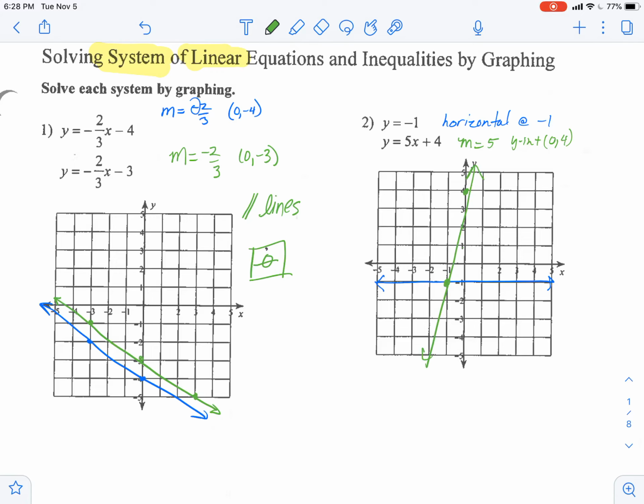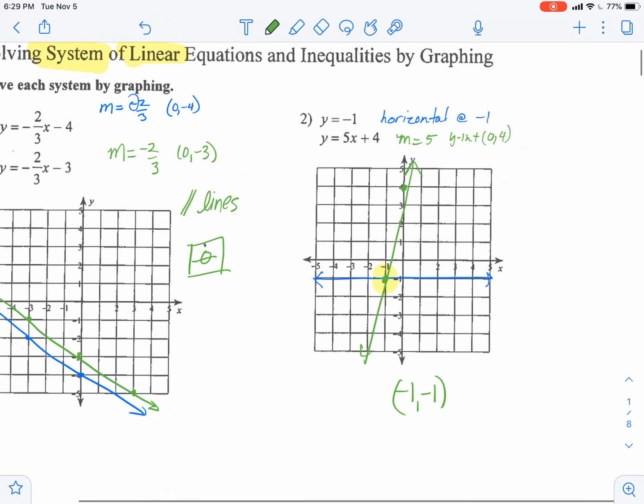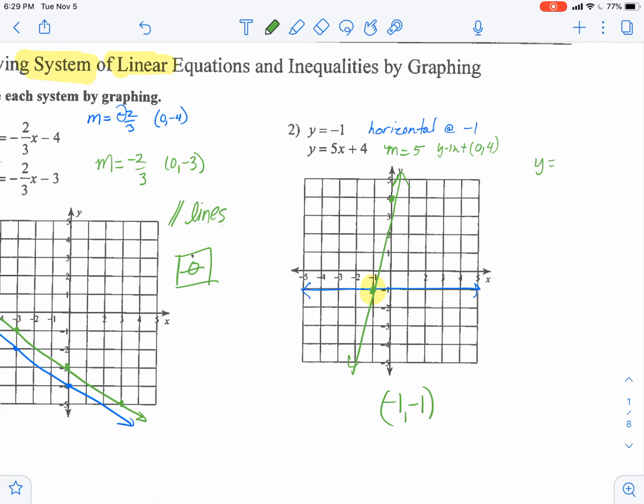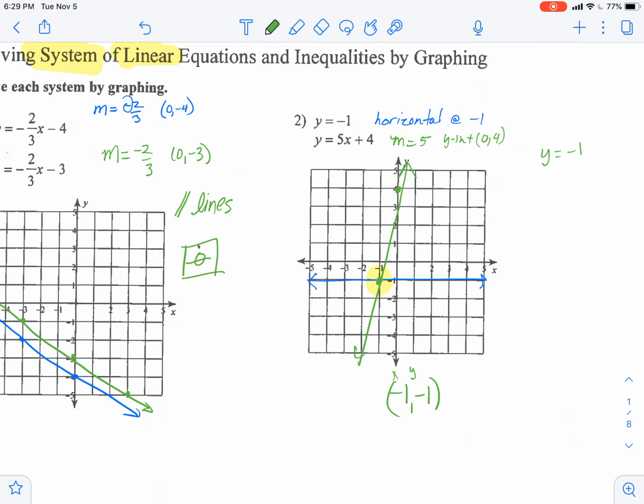Now, one of the things that you can do is check this, because if you look at the equation up there, y equals -1, this is x, this is y. If I put in my y, that says -1 equals -1, which is true. So I can do a check.